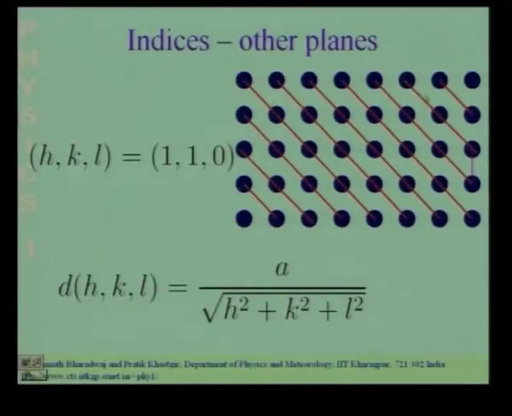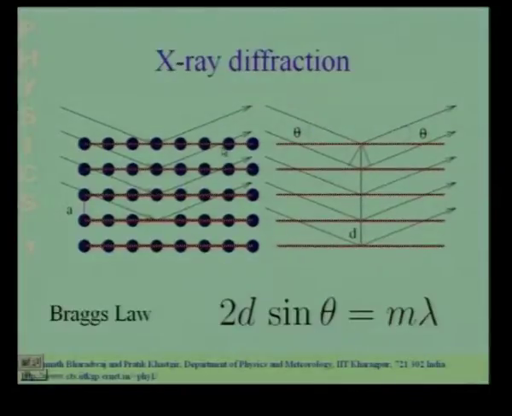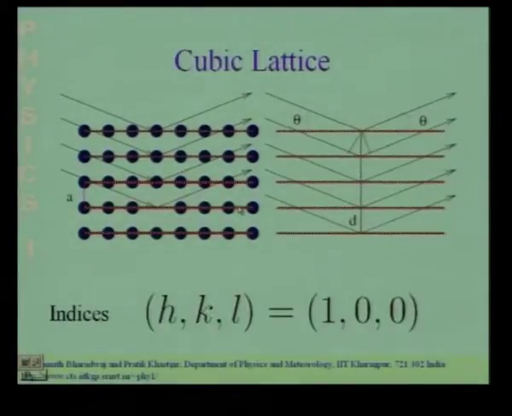You will get a maxima if the condition 2d sin theta is equal to m lambda is satisfied for any of these planes. Now, there are three indices called the Miller indices, which are used to quantify, to label these planes.